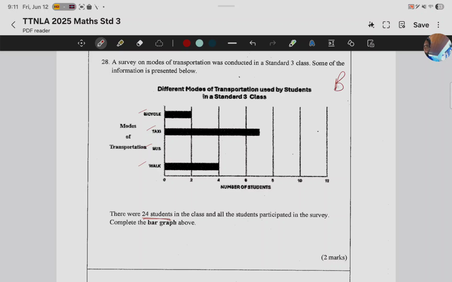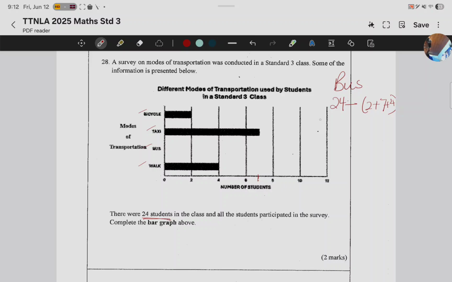We know when we add a bicycle, taxi, bus and walk, we're supposed to get a total of 24. So to calculate what the bus is, we take from the total the sum of the known values, which would be: bicycle is 2, taxi would be half here, so that is 7, and then we have walk is 4.